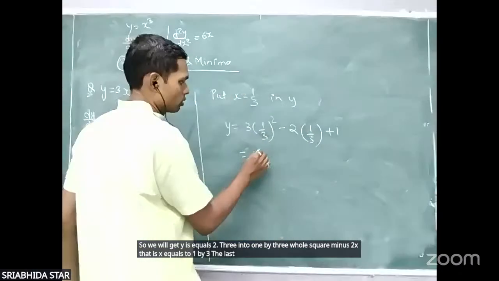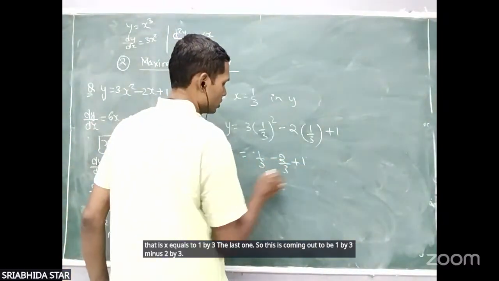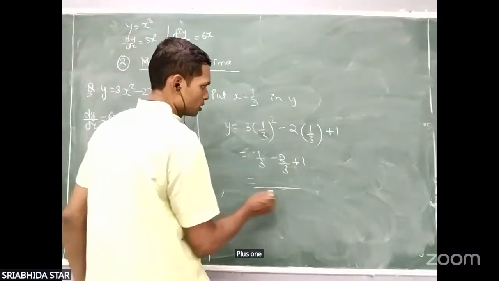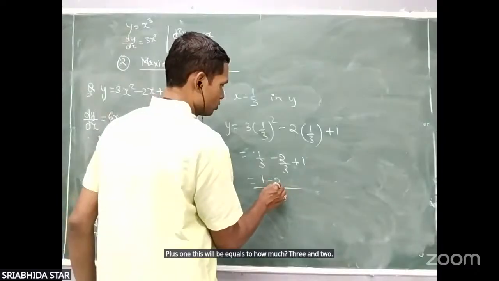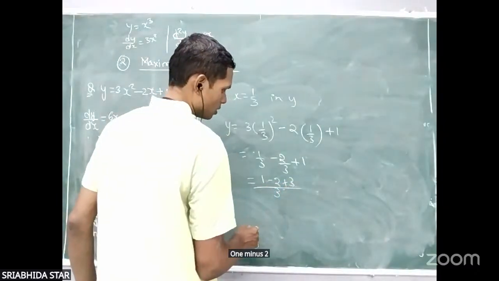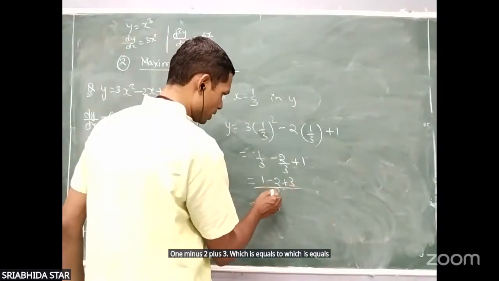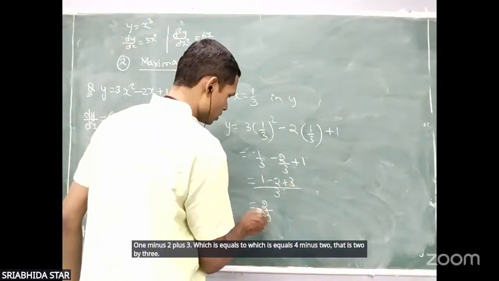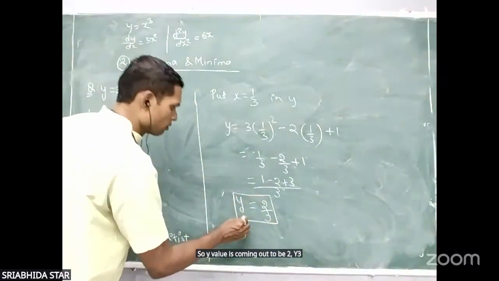So this is coming out to be 1 by 3 minus 2 by 3 plus 1. This will be equal to how much? 3 into 1 minus 2 plus 3, which is equal to 4 minus 2, that is 2 by 3. So the y value is coming out to be 2 by 3, which is the minimum value of y.